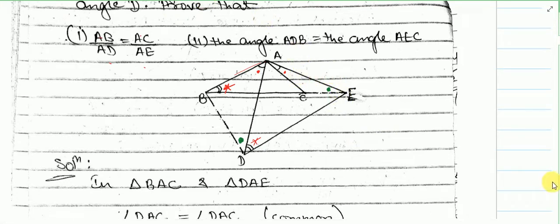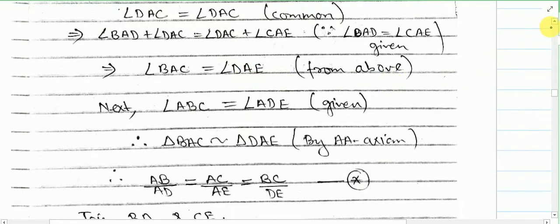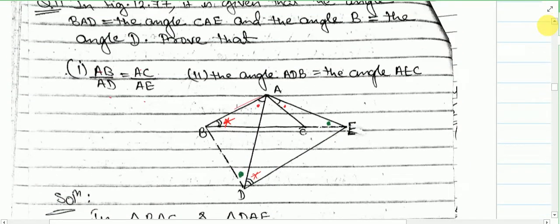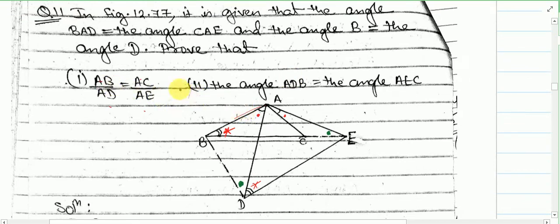Okay, now let us see. One more thing, I think here I explained wrong. Here AB, one second. I think I have explained it wrong. So here AB upon AD we have to prove equal to AC upon AE.